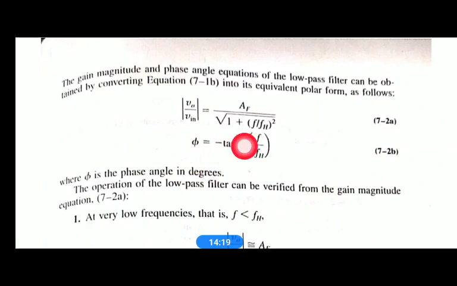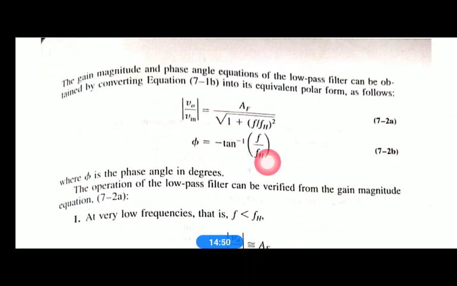Similarly, if you take the angle for this, it will give you minus tan inverse of f by fH. To take the phase angle, we know that phase angle is equal to tan inverse of imaginary by real.